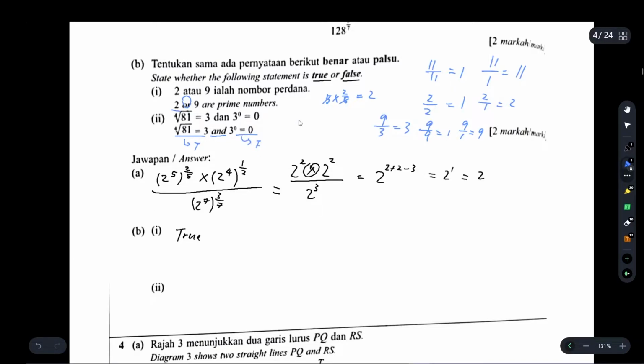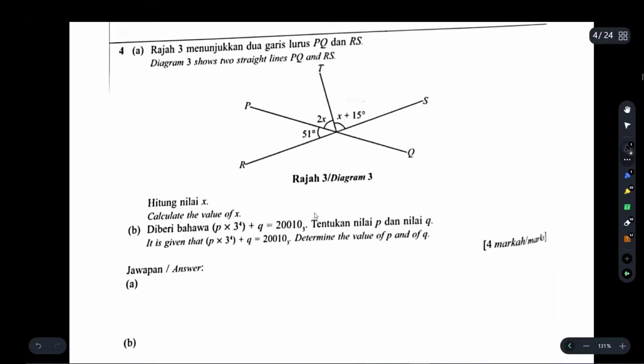Everything powered by 0 is 1, so this is supposed to be 1. Since one of them is false and another statement is true, it means that the answer is false because it used the word "and". Okay, so let's move to the next question.